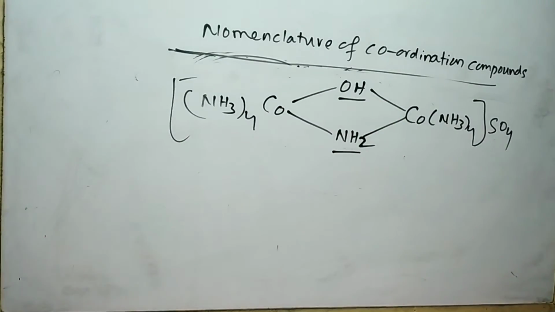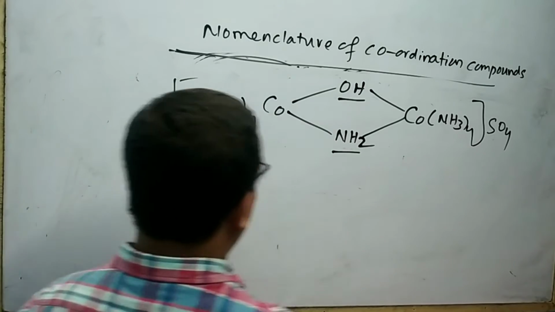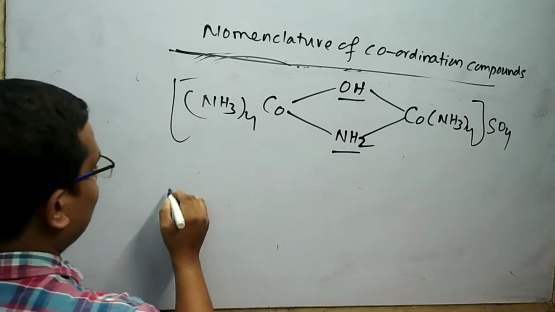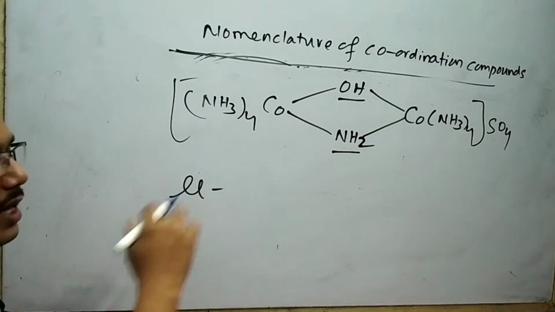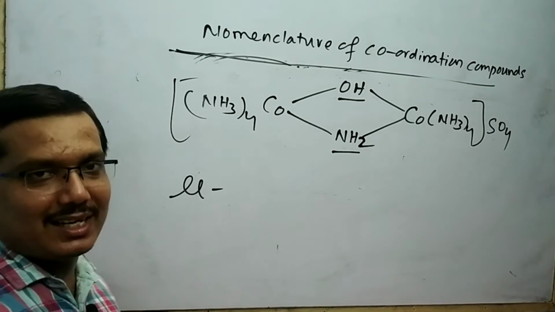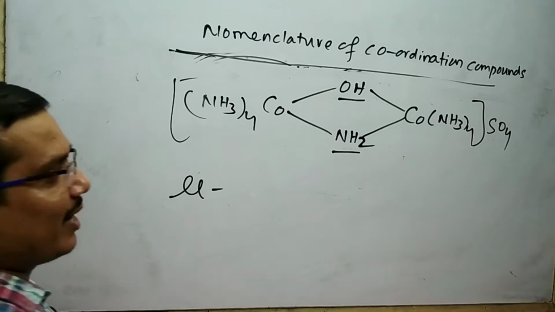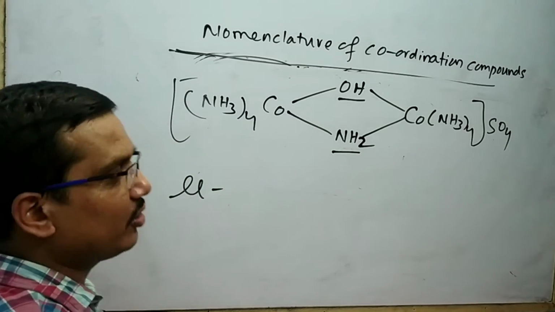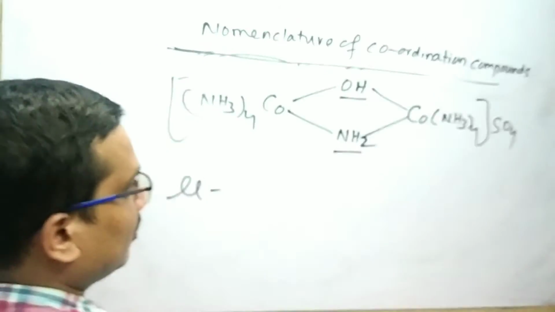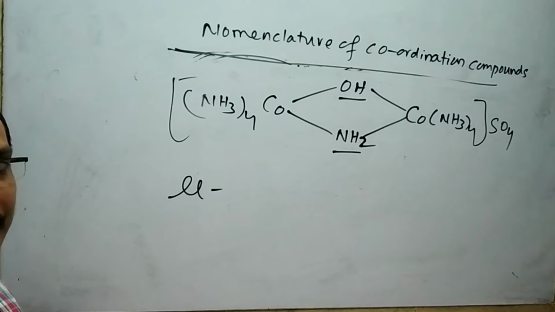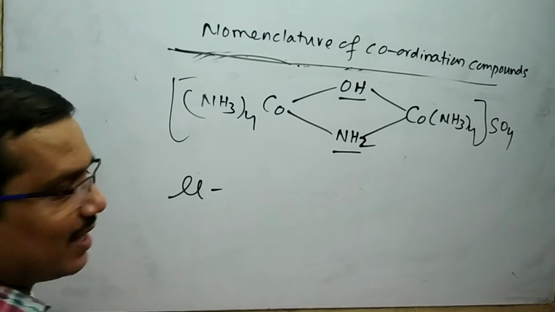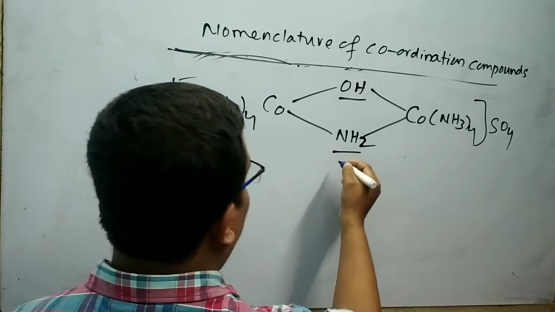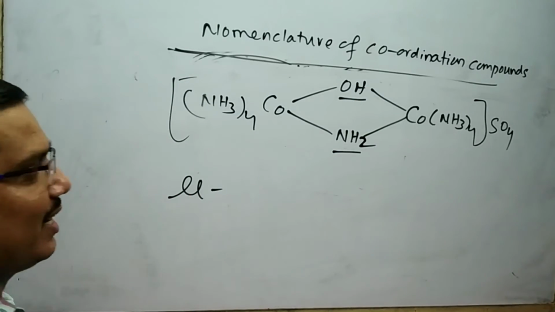When I write the name of this bridging ligand, I use the mu symbol before the name of the bridging ligand. That means it is bound to write mu hydroxido, and another is mu amido. Don't write mu amine because amine is not a bridging ligand. OH and NH2 act as bridging ligands.